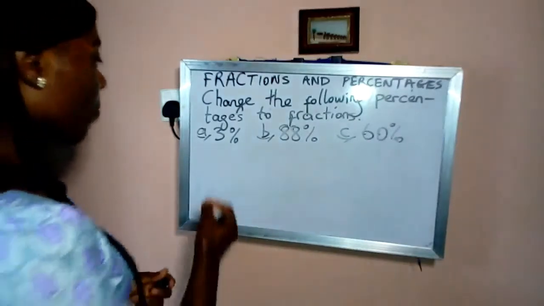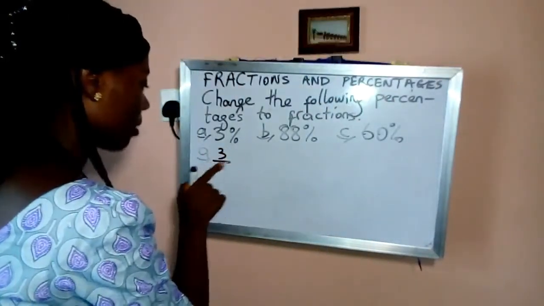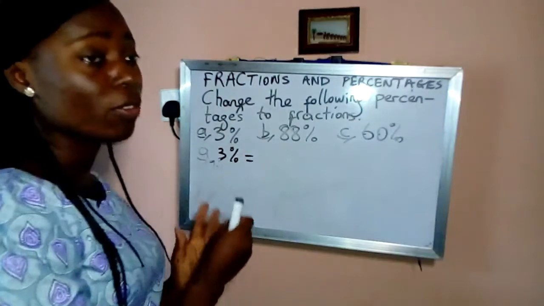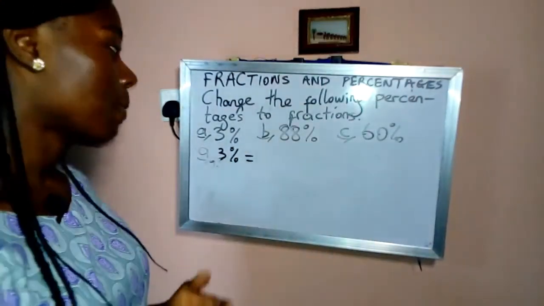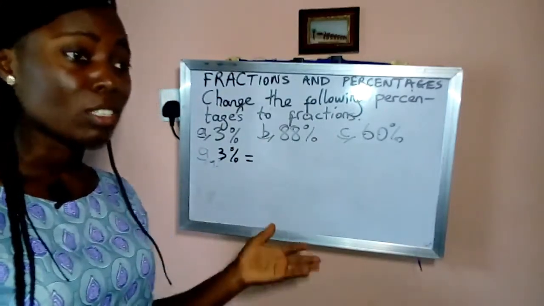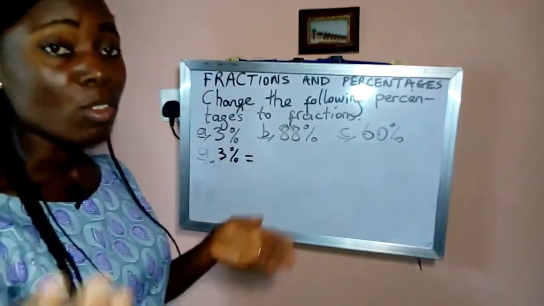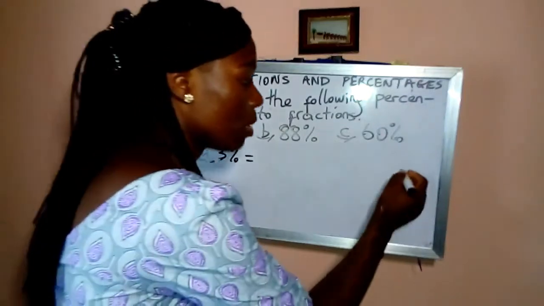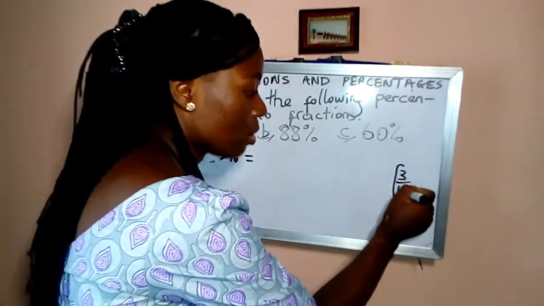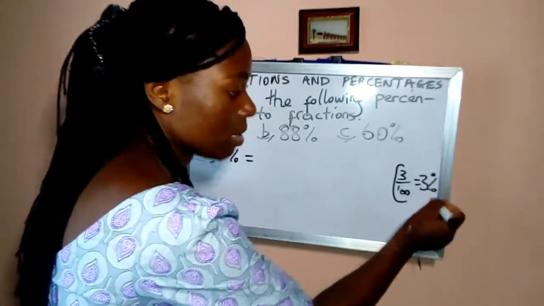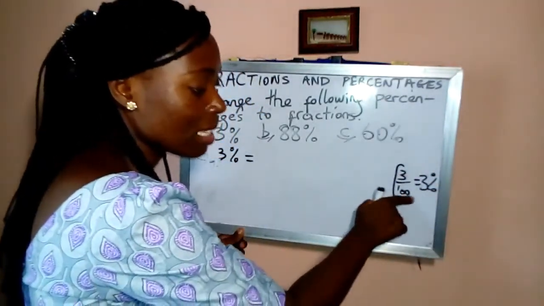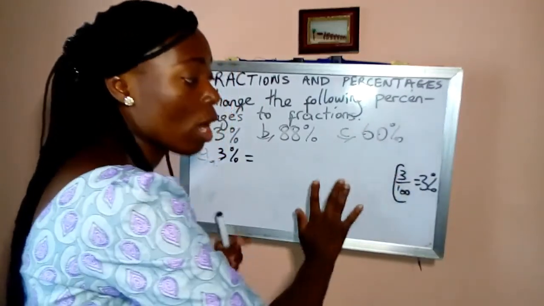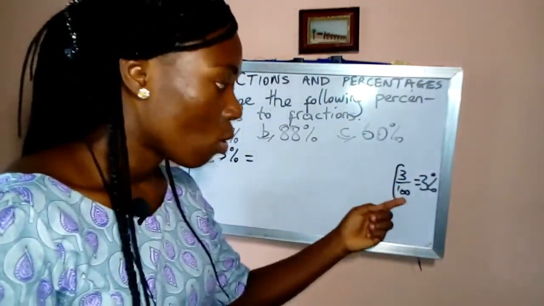Now let's see. The first one we have is 3%. Remember, when we were transforming from fractions to percentages, I told you that any number that has 100 as its denominator, you simply have it as a percentage, like 3 over 100 is simply 3%.